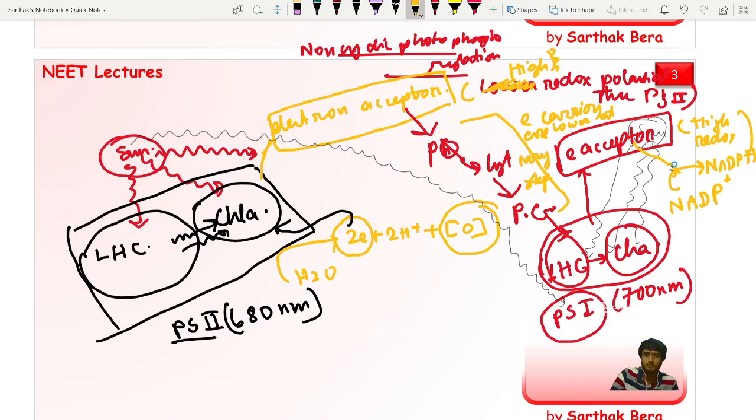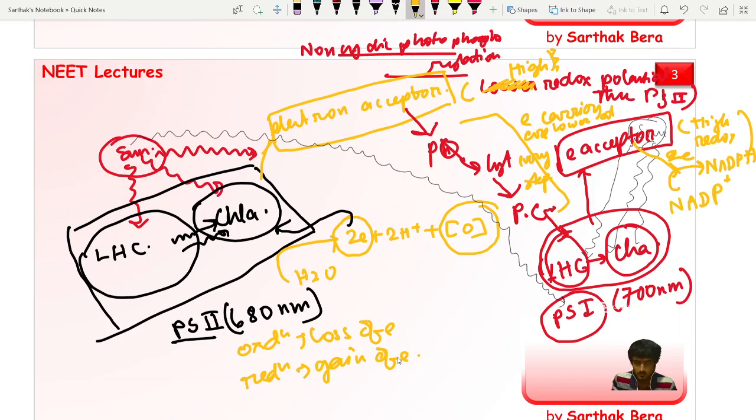You have read that oxidation is loss of electron and reduction is gain of electron. So NADP plus is gaining electron, so NADP plus is getting reduced, and on getting reduced it is forming NADPH.